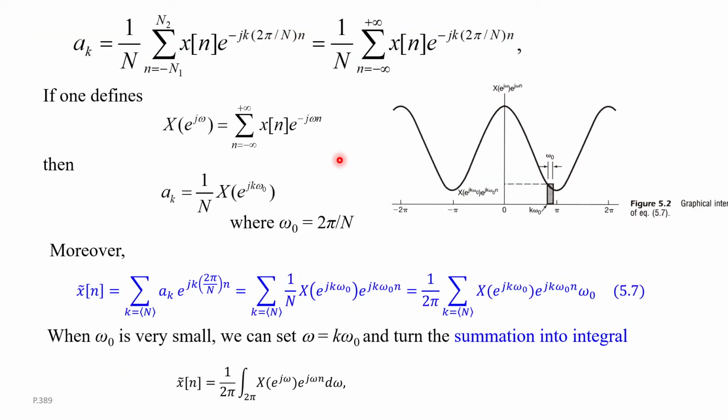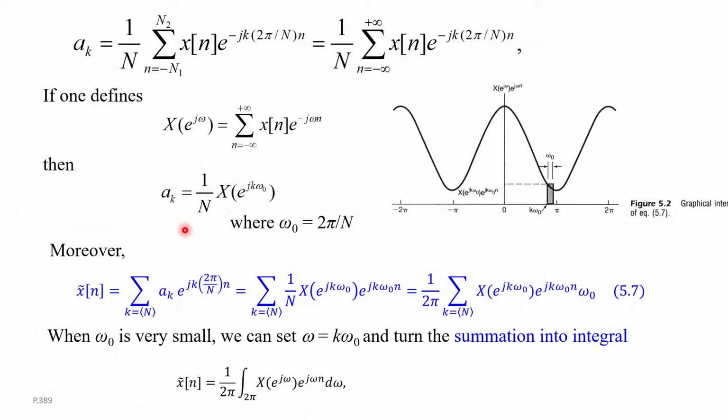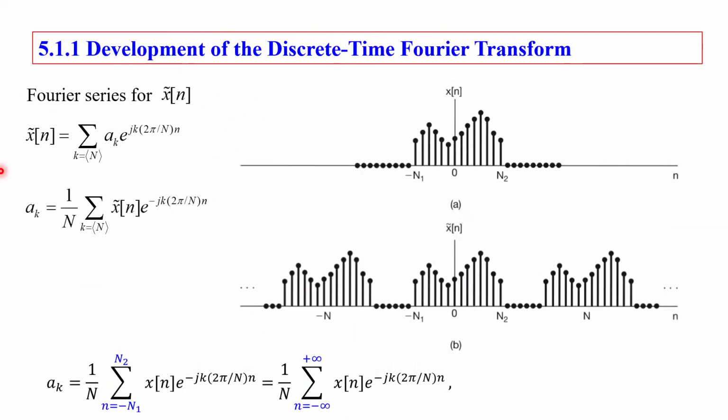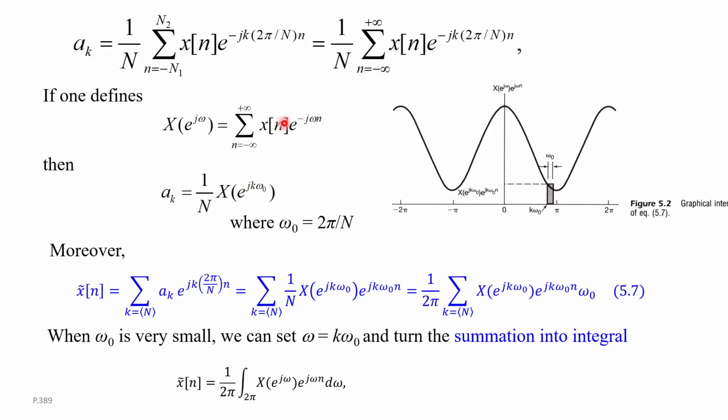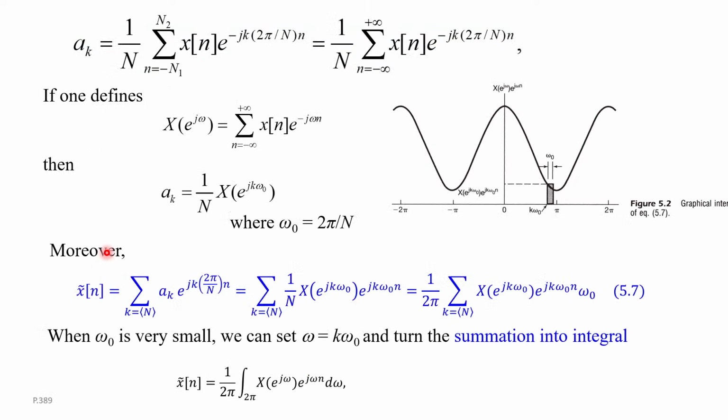Then we rewrite this analysis relationship in terms of our continuous spectrum, in terms of big X. Let's see how that happens. We start from the original equation: x tilde of n is the sum of a_k e to the jk omega naught n.